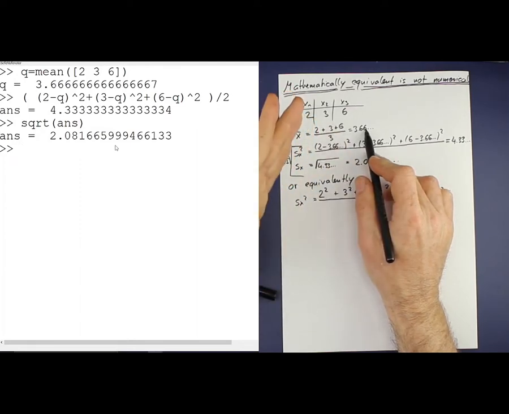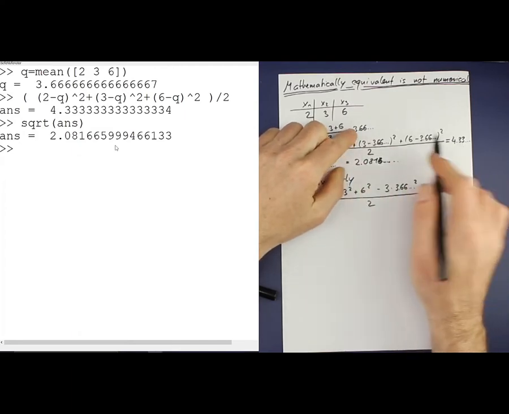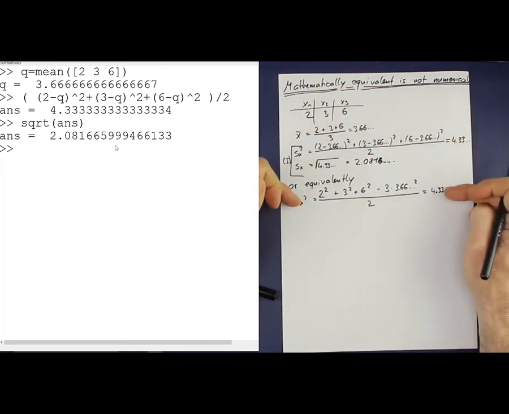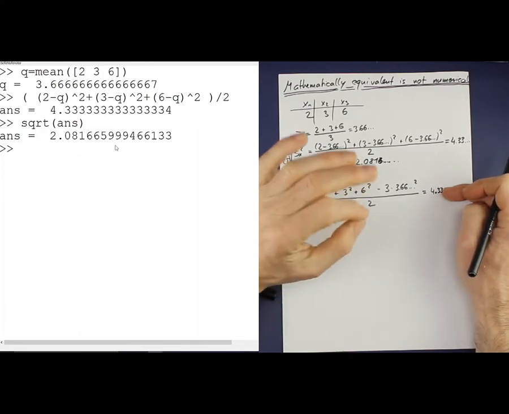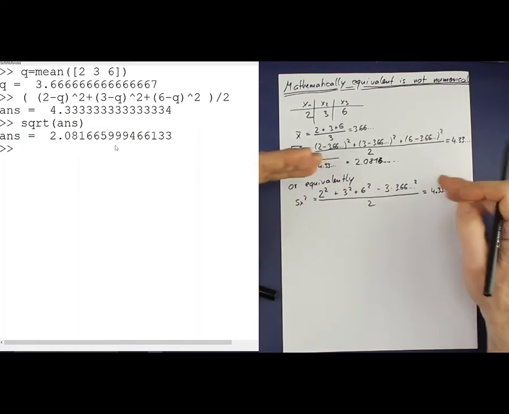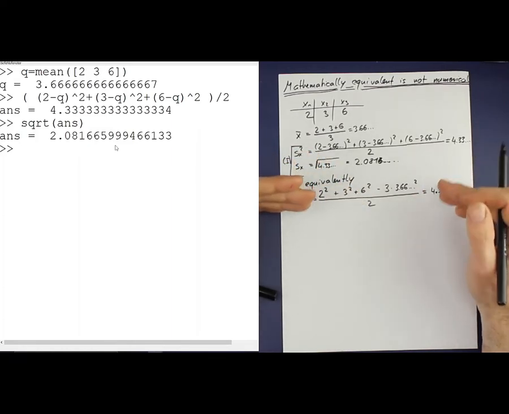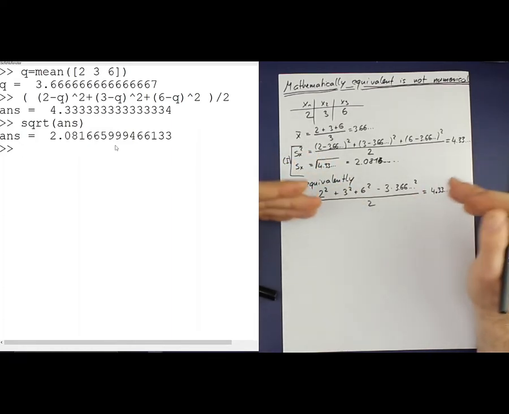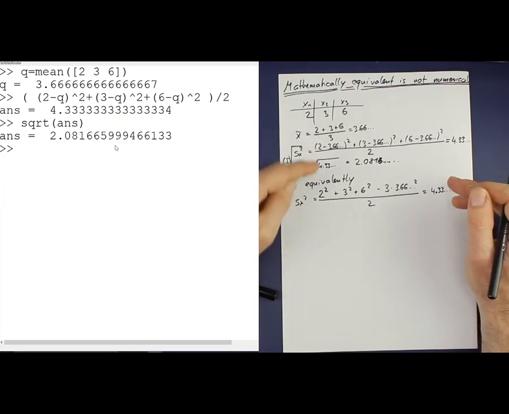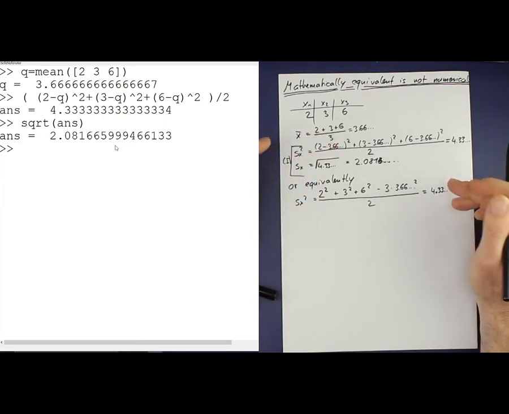And as long as there is no rounding of the mean value, this formula and this formula will always produce the same value. This is not obvious. We will see later why these are equivalent. It's absolutely not obvious why this is really true.